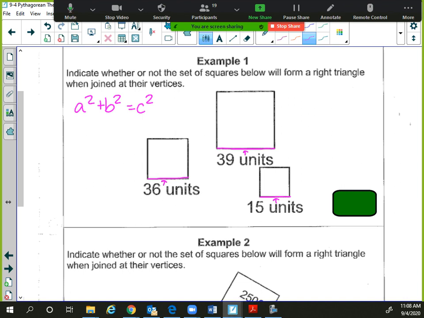So I like to say that my smallest is my a, so that's 15. My next biggest would be b, so 36 would be b. And therefore, my longest side, it should always be c. The longest side has to be the c. So now we're going to plug this in. 15 squared plus 36 squared, will that equal 39 squared?